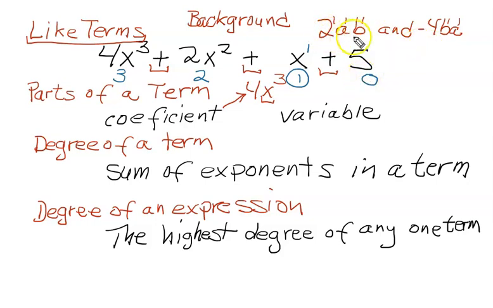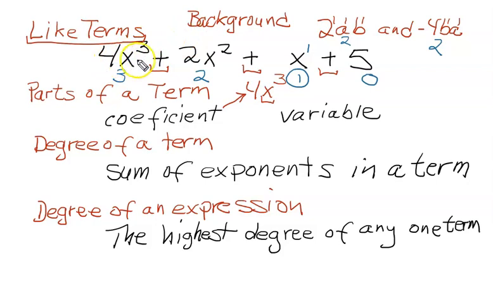Now let's just do these while we're here. What's the degree of this term? Well, again, it's the sum of the exponents on the variable. Well, there's 2 exponents, so this degree is 2. And since these are like terms, this degree is also 2. Now, how about the degree of an expression? And the answer you should write down is the highest degree of any one term.